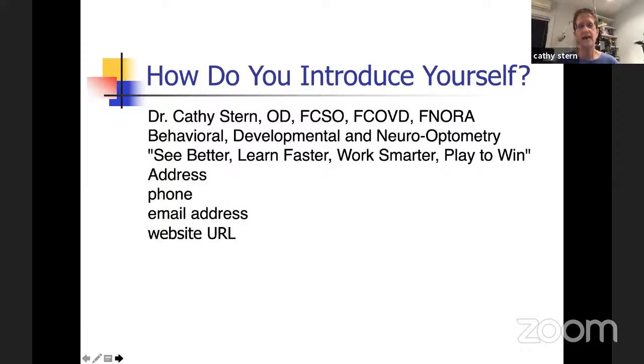And then we have a tagline here we use, which is see better, learn faster, work smarter, play to win. So we're talking about helping people with things like myopia control. We're helping with visual skills for learning, visual skills for your occupation, and sports. And then on it, we also have our address and our phone and our email.